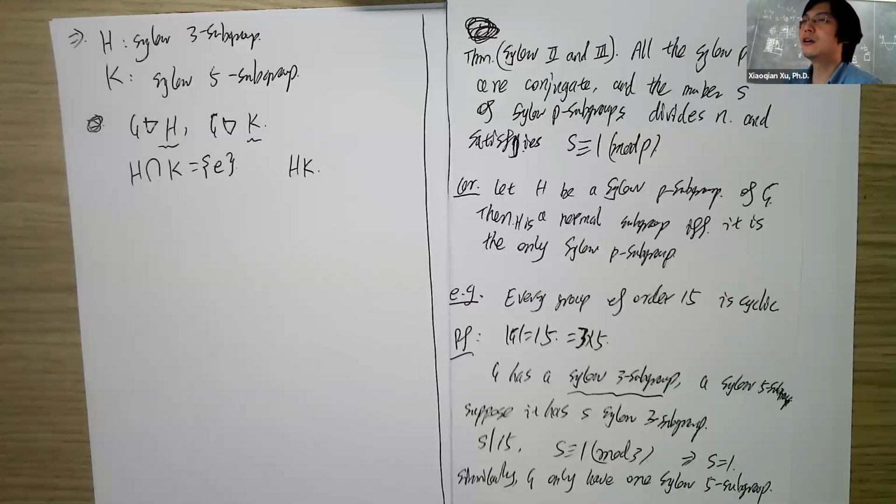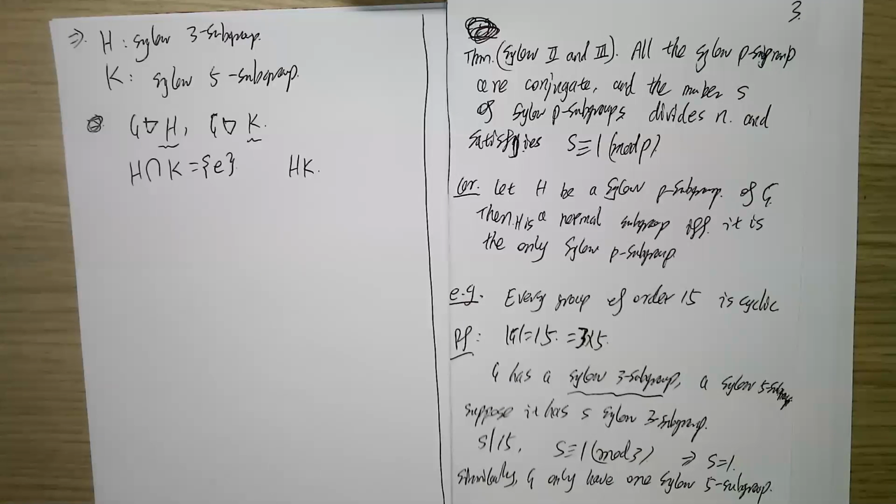If we have two normal subgroups, we do the multiplication. The number of elements in this group is the number of elements in H multiplied by the number in K, divided by the number in the intersection. So it's 15. The number of elements must be 15.